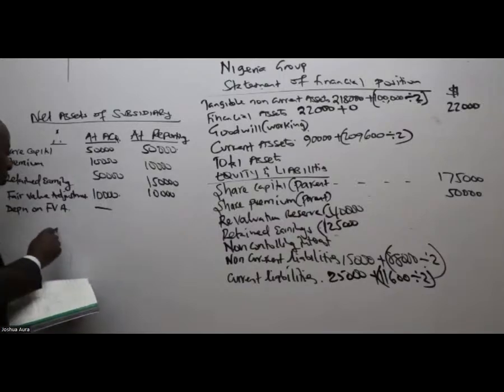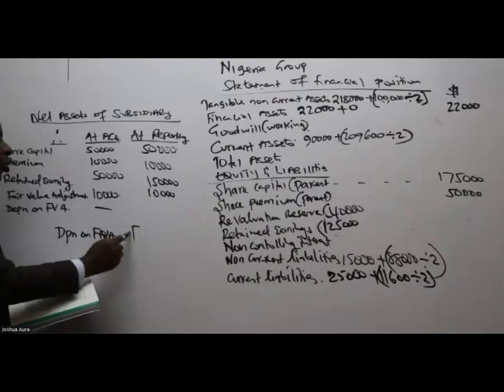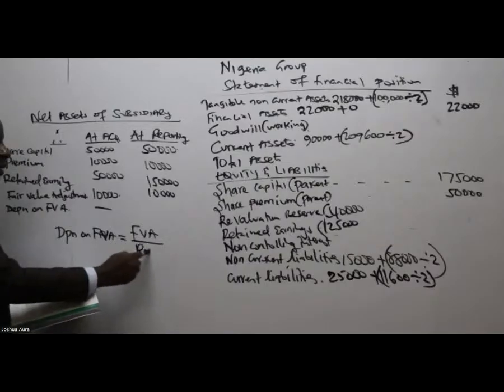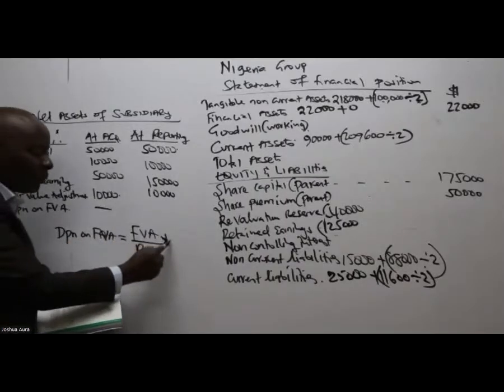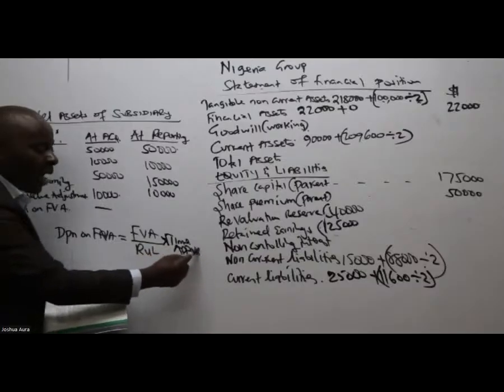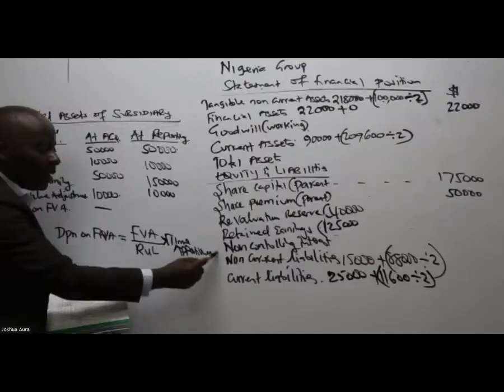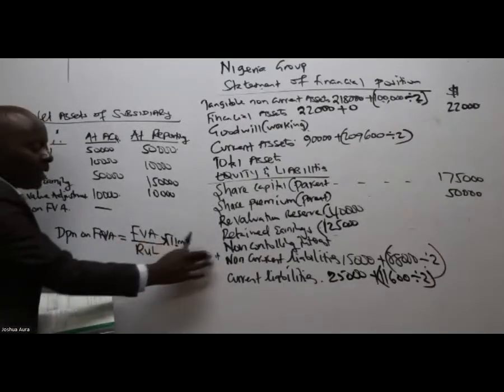To get this depreciation on fair value adjustment, you always take the fair value adjustment itself and divide by the remaining useful life, times time apportionment, if there is any.